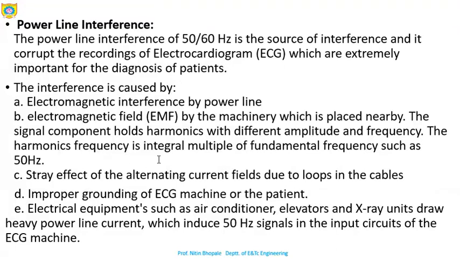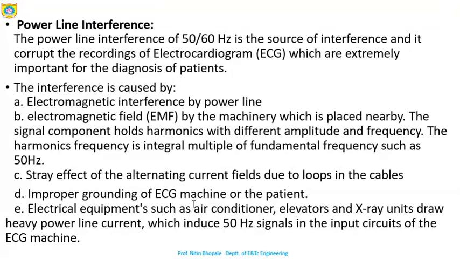The signal component holds harmonics with different amplitude and frequency. The harmonic frequencies are integral multiples of the fundamental frequency, such as 50 Hz. There is also the stray effect of alternating current fields due to loops in the cables. If there are multiple loops in the cable, that may also cause interference to the ECG.